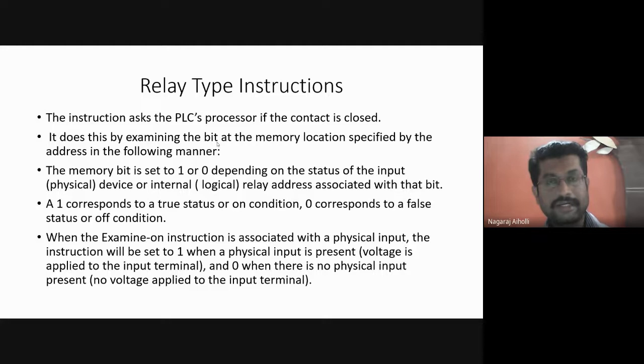It reads the bit from that particular bit position, bit location, in the input image table. After reading that bit, it sends it to the program, that is the ladder rung program, the ladder rung instruction. The processor will send the bit, whatever it is reading from the status of the input image table.